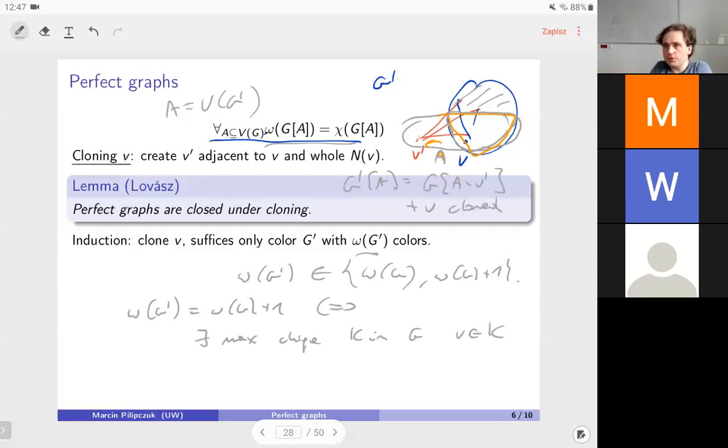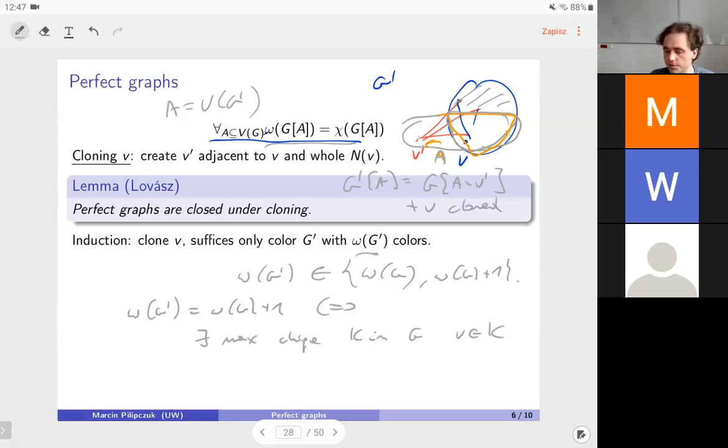That means that your original vertex needed to be in a maximum clique, a clique of size omega, and cloning this vertex made an extra vertex for this clique, so the clique enlarged. So omega may grow by one by this operation, and this happens exactly when there was a maximum clique containing the vertex V.